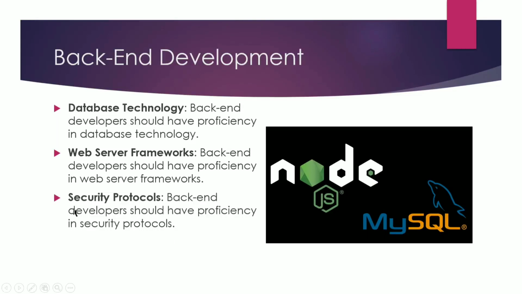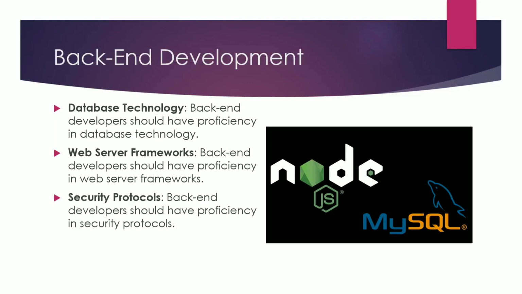And the next thing that you should have is security protocols. You should learn how security protocols can be used to secure your website, because backend developers should have proficiency in them. Why? Because you have to make your website safe from cyber threats. Like you should save your passwords in hashed format, in a cryptographic manner, so that people cannot easily learn them if they get leaked.